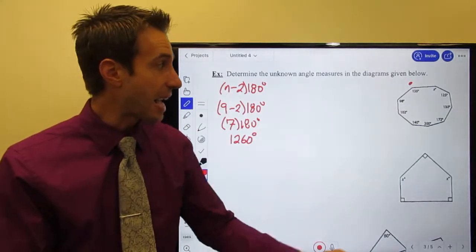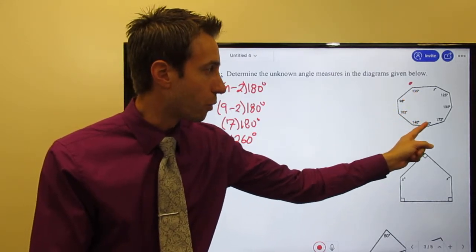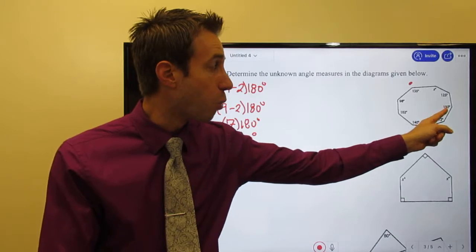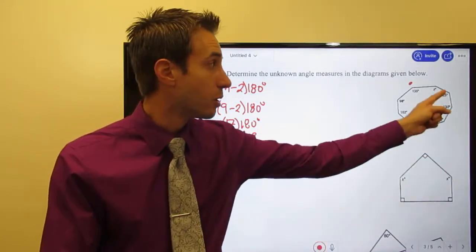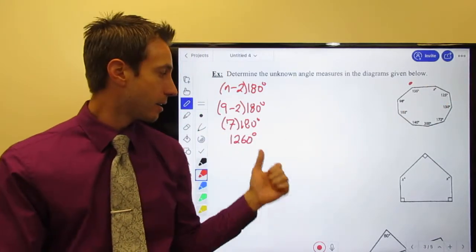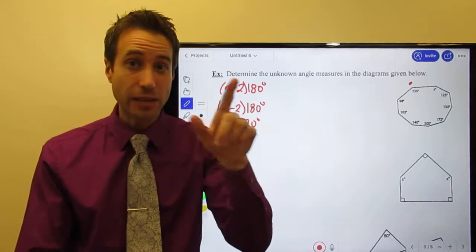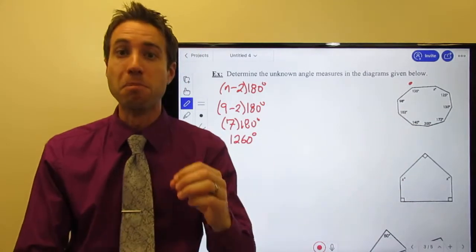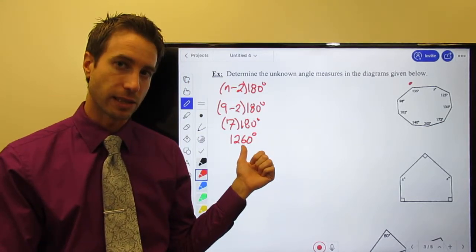I know if I add up 135, 98, 102, 104, 200, 172, 130, 125 plus whatever this guy is, I had better get 1,260 degrees, right? The interior angles of this polygon must sum to 1,260 degrees.